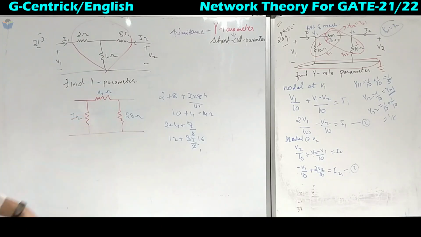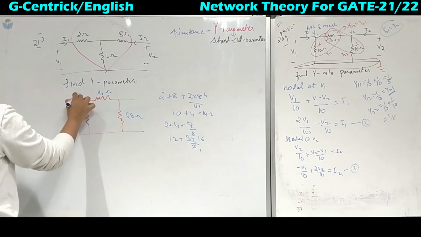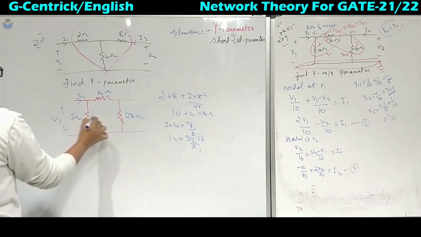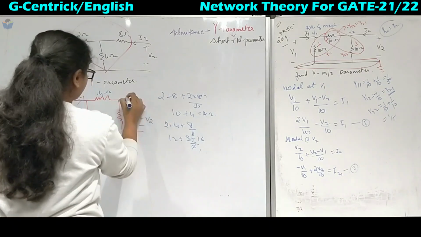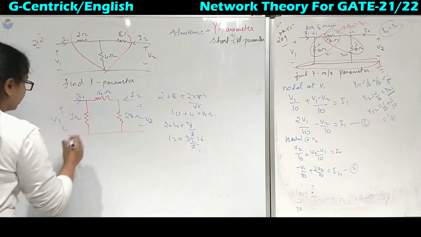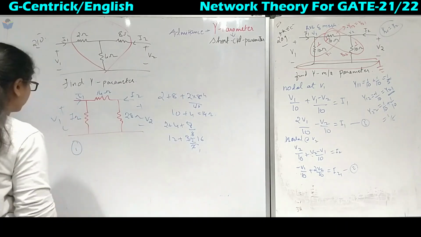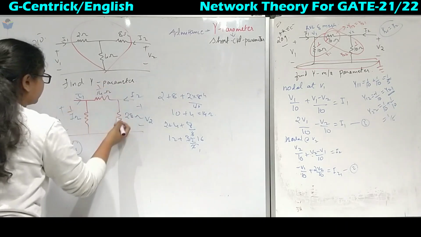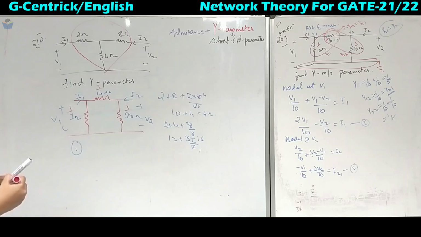So we got the converted pi network now. This is I1, this is V1, this is V2, and here is I2. Once we have this, we can apply our shortcut method. Our first step is to take the reciprocal of everything, so this will be 1 by 7, 1 by 14 and 1 over 28.